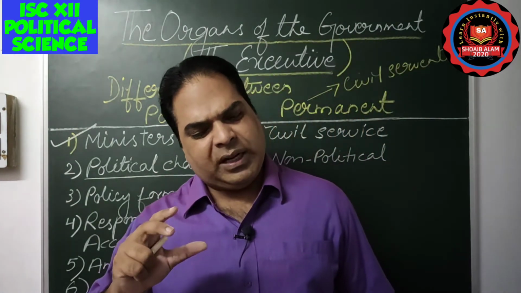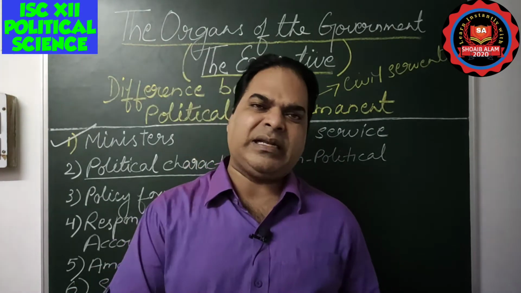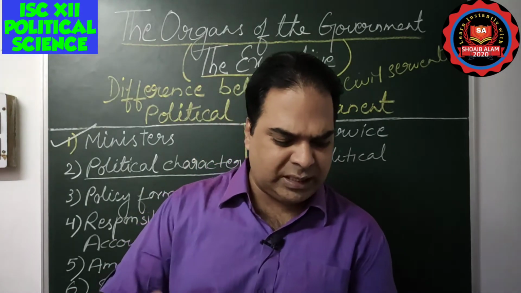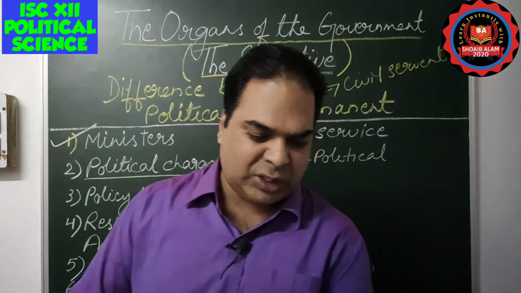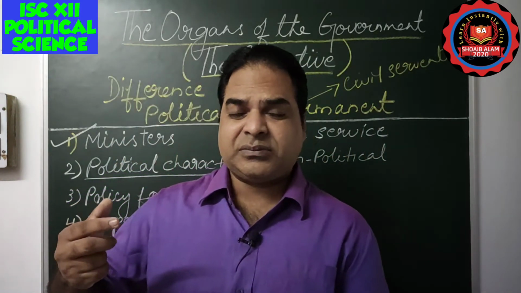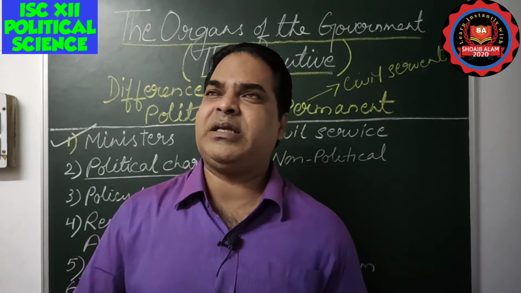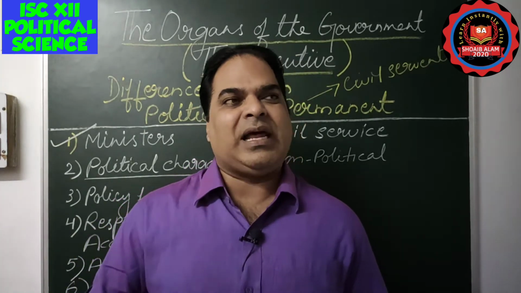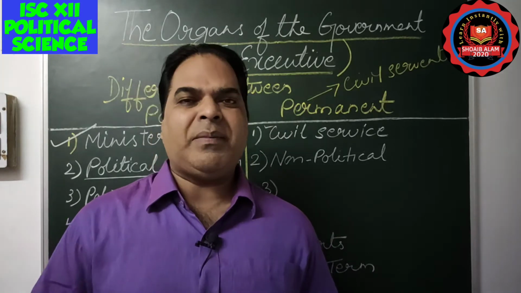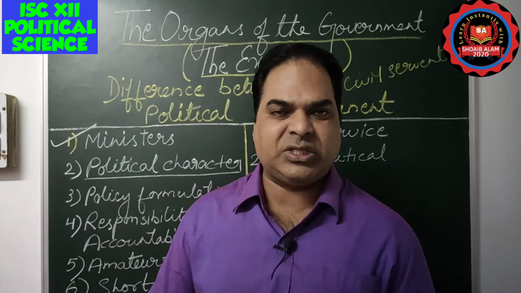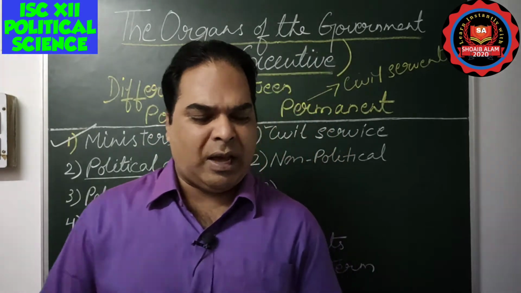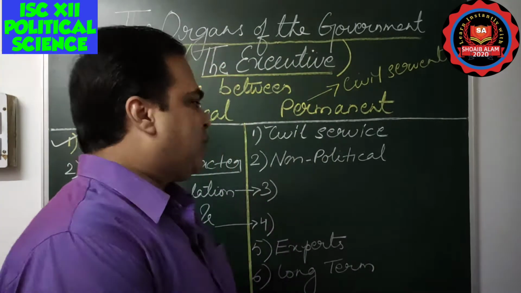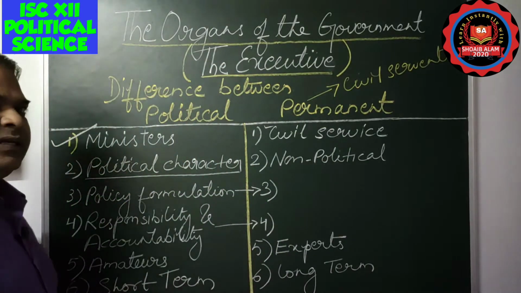Whether they are different ministers of a different category doesn't matter, but they are political in nature. They are members of political parties. After becoming members of political parties, they contest the election, and once they become members, they are made ministers by the government. Do you understand? That is why it is called a political character.